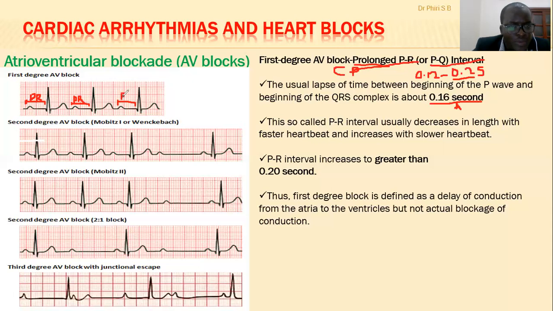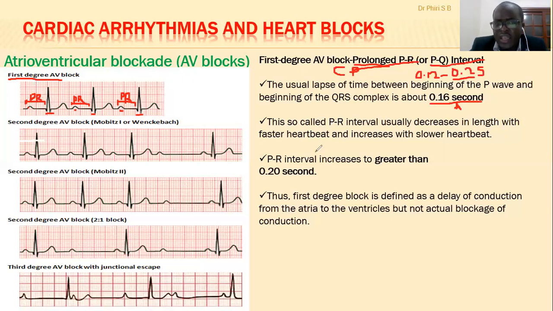Because they are prolonged and consistent, it would mean that there's a slowdown in the conductivity of action potentials at the AV node. So in first degree AV block, each and every P wave is conducted to produce a QRS complex. You can see a P wave with a QRS complex, a P wave with a QRS complex, but there is prolongation of the PR interval beyond the normal range.